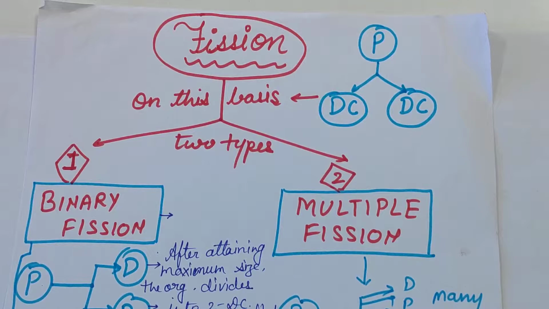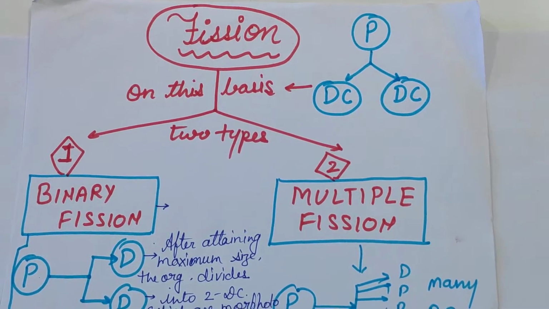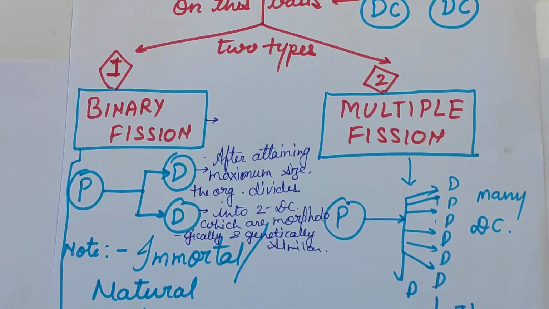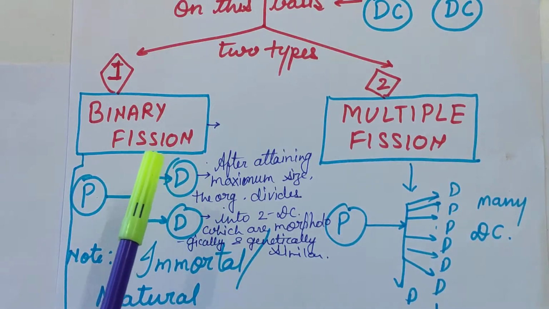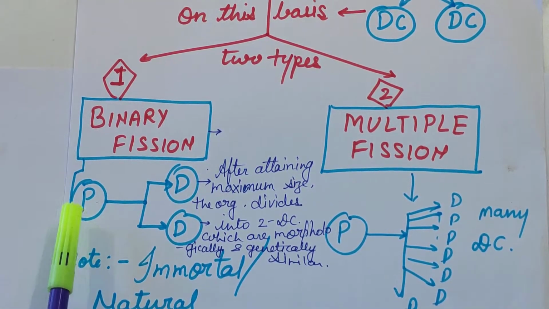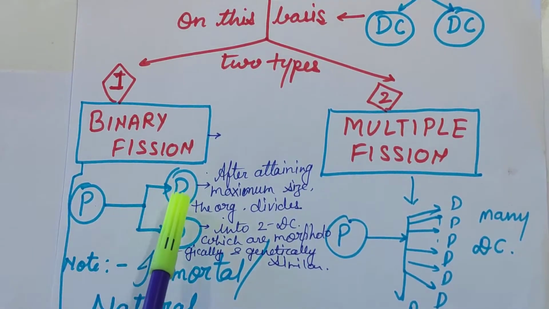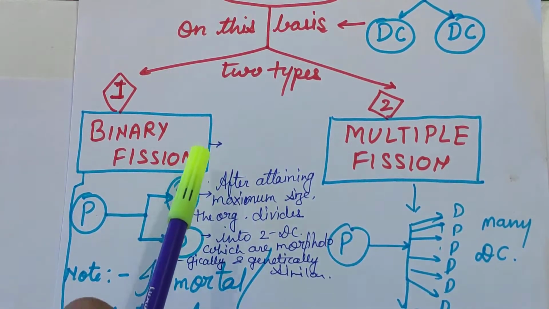Now I am teaching you the types of fission. There are two types: binary fission and multiple fission. In binary fission, one parent cell or unicellular organism splits into two daughter cells.